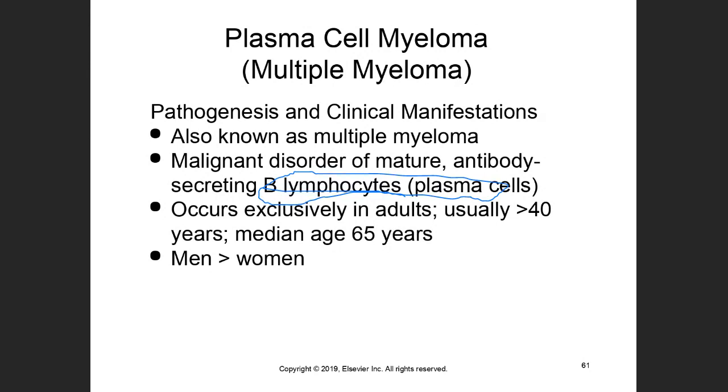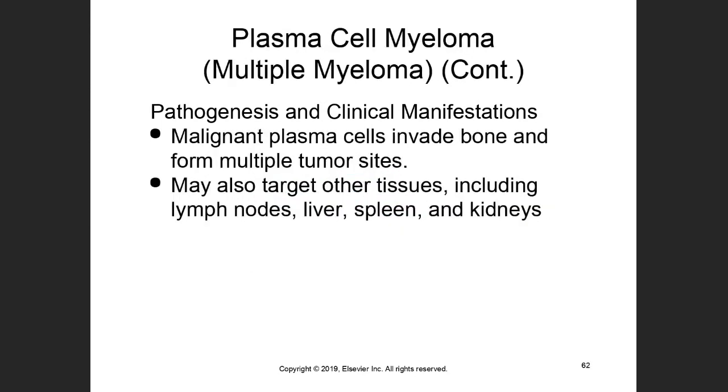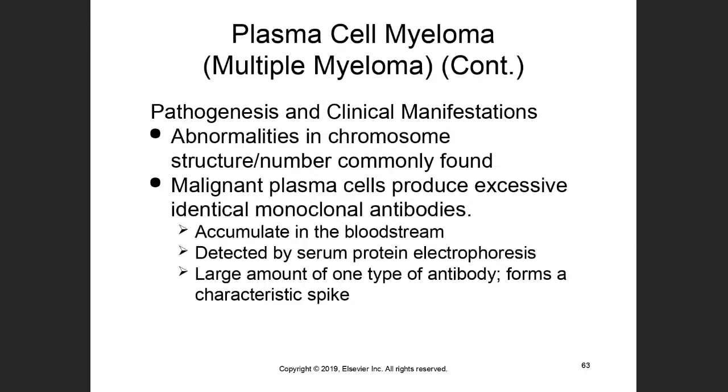The disease happens in adulthood, in elderly patients, more common in men than women. Malignant plasma cells involve bone and form multiple tumor sites, and may also target other tissue including lymph node, liver, spleen, and the kidney, because kidney problems are one of the signs and symptoms.